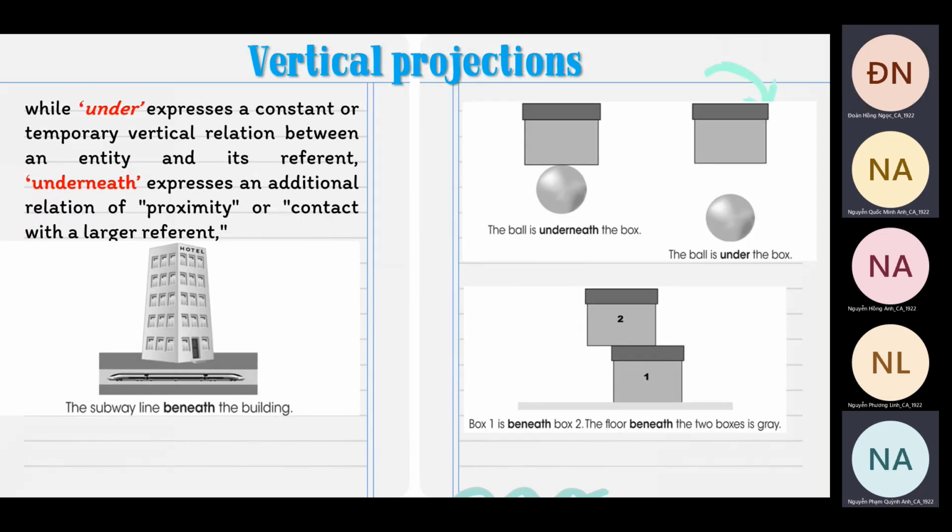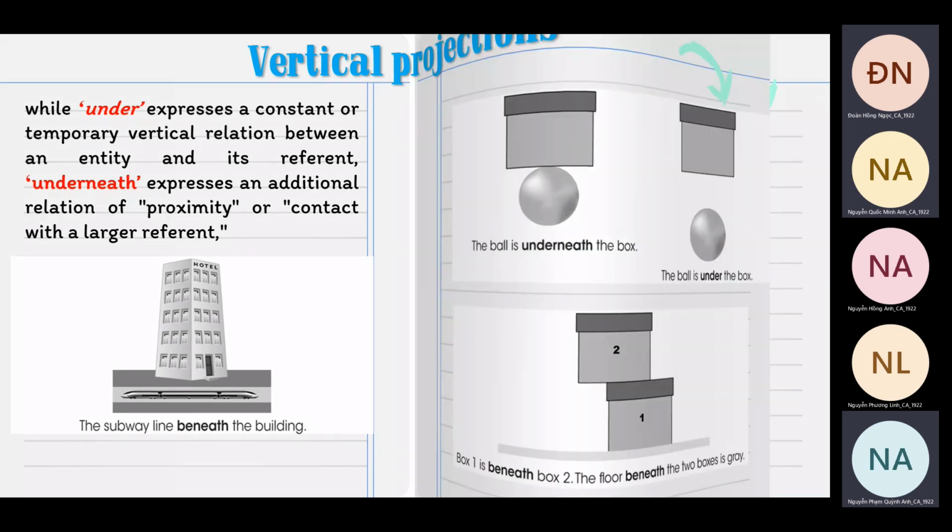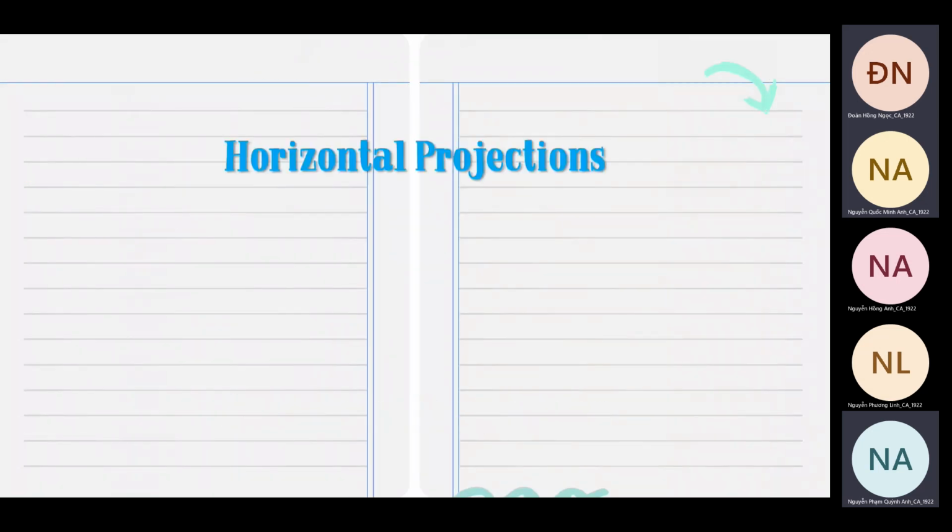While under expresses a constant or temporary vertical relation between an entity and its reference, underneath expresses an additional relation of proximity or contact with a larger reference. As you can see in these 3 pictures.